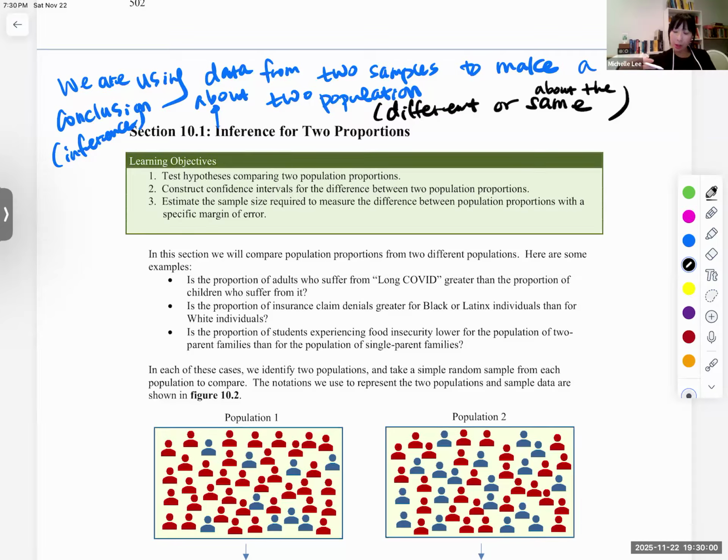We are using data from two samples to make a conclusion, which is inference about two populations. Two populations, for what? Is it a difference or about the same? This is what we want to know.